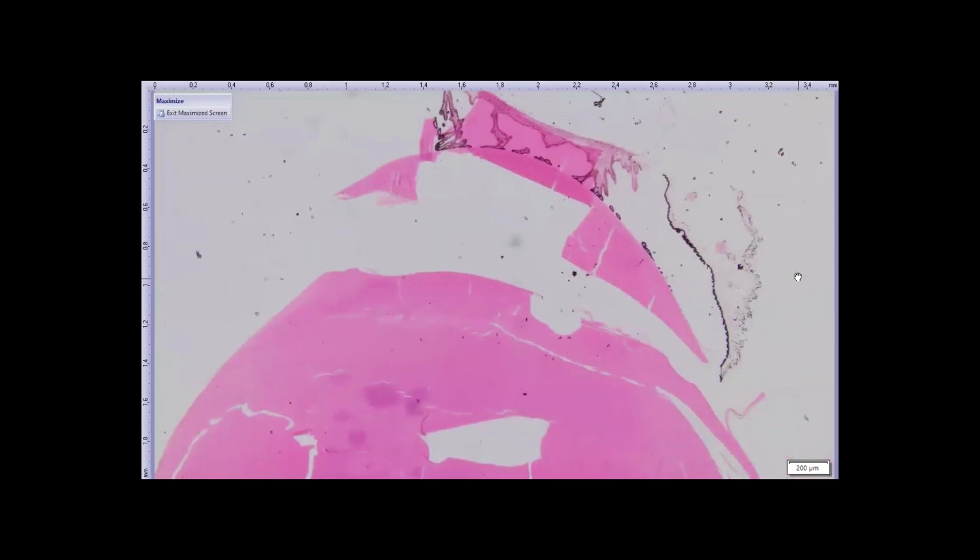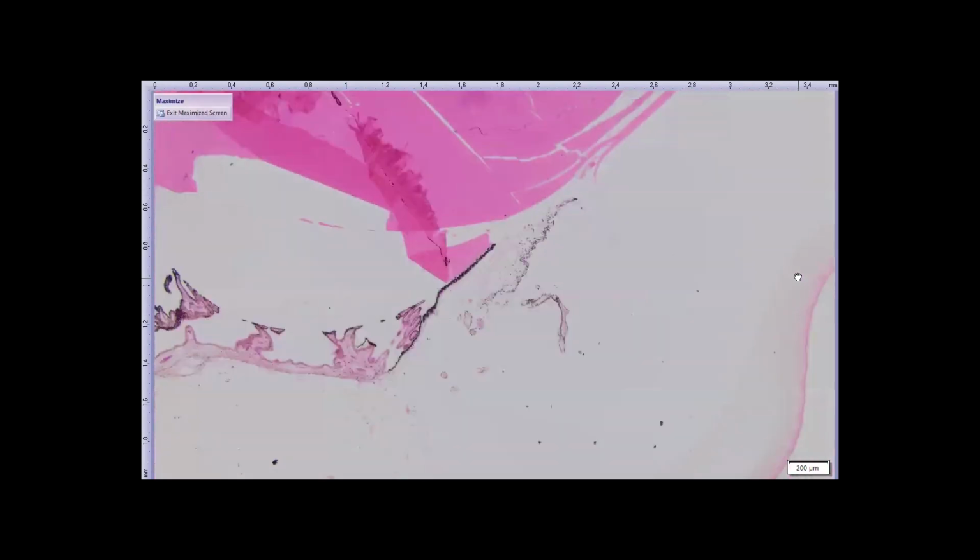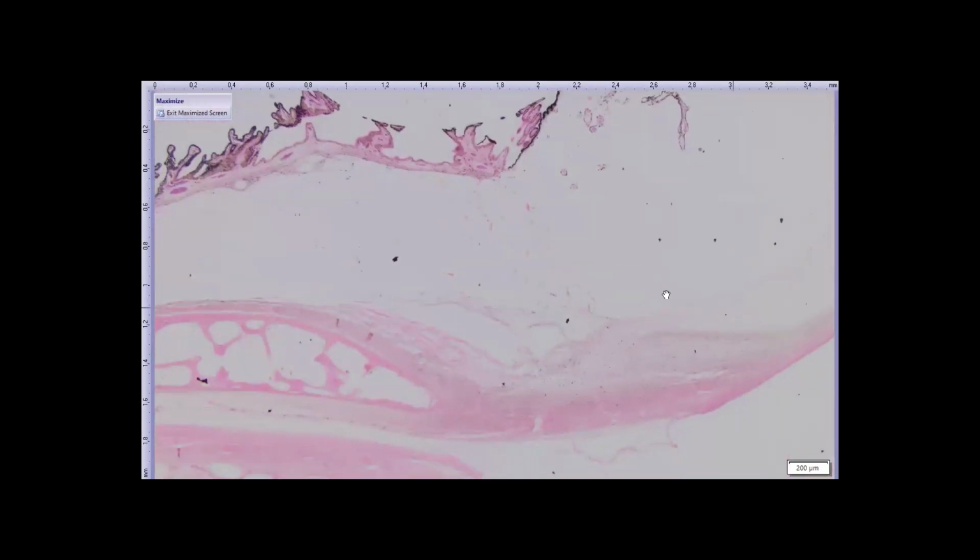They have a very robust annular pad, which is kind of shattered in this particular case. You can see the ciliary processes attached directly to the equator of the lens. They have a robust Crampton's muscle.